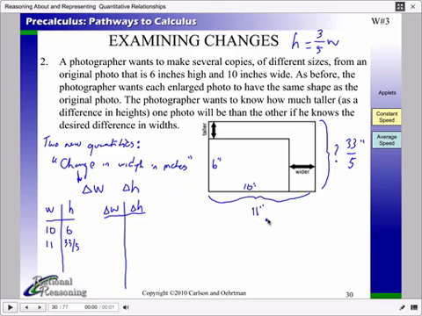Okay, now I want a photo, and we're going to get to the changes in a second. We're just going to crank out some photos here. 13. I want it to be 13 inches wide. How tall? 39/5, right? Piece of cake.